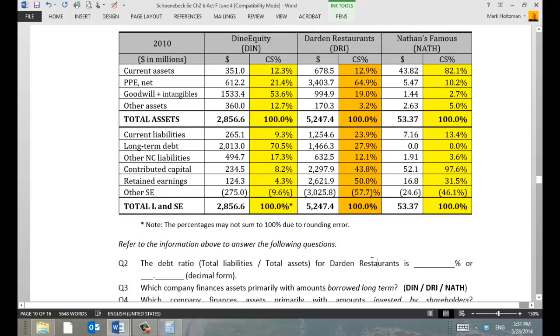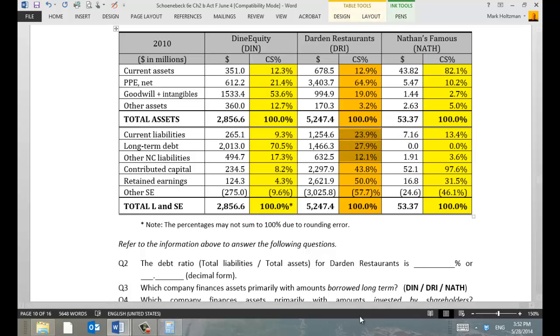Now, remember how to calculate the debt ratio? It's total liabilities divided by total assets. All we're doing here is dividing everything by total assets. So, for example, with Darden Restaurants, these are the debt items, these three. If you wanted to see the debt ratio, you would just add these three together.